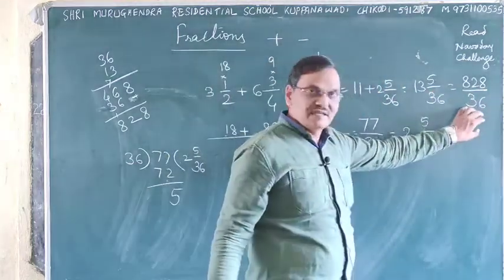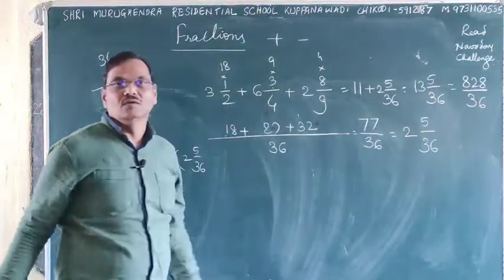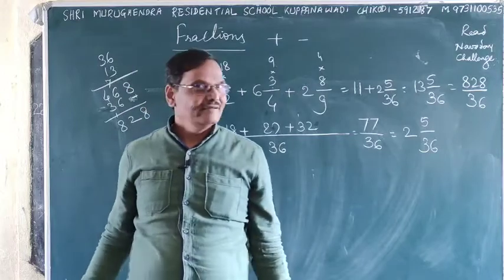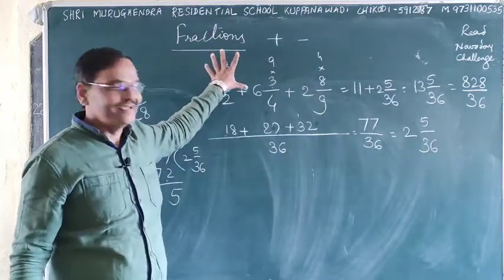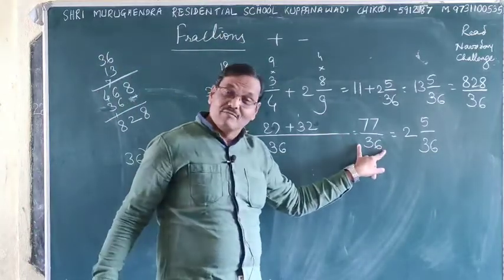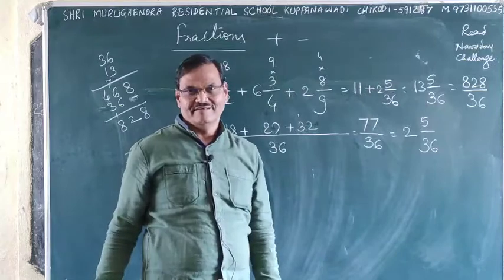You may get this answer, you may get this answer, whichever is easy to convey, isn't it? Okay, you can go with this. If it is a proper fraction, then directly you can write here. Okay.